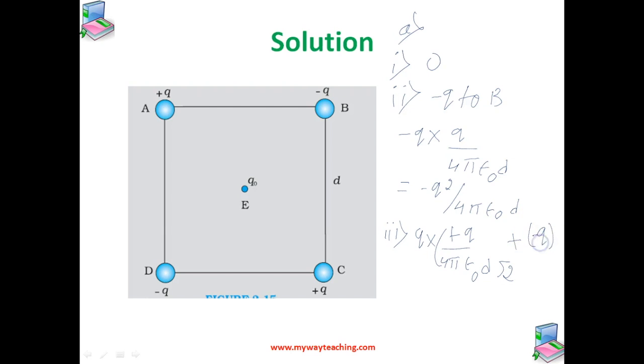And due to charge at B, the potential is given by minus Q by 4 pi epsilon naught into D, isn't it? And if you take common minus Q square by 4 pi epsilon naught into D, we get 1 minus 1 by root 2. Okay. This is the third part.